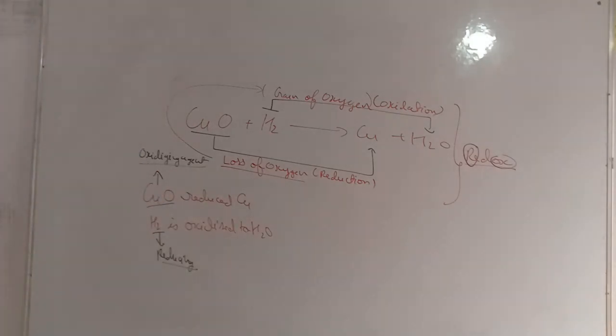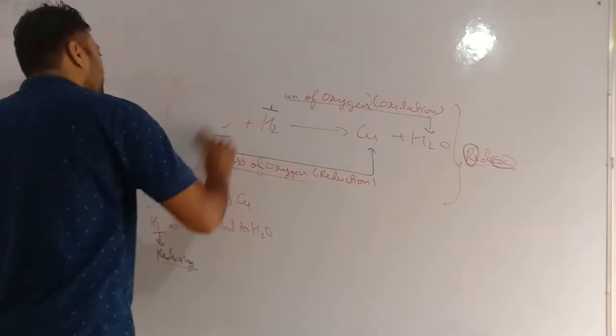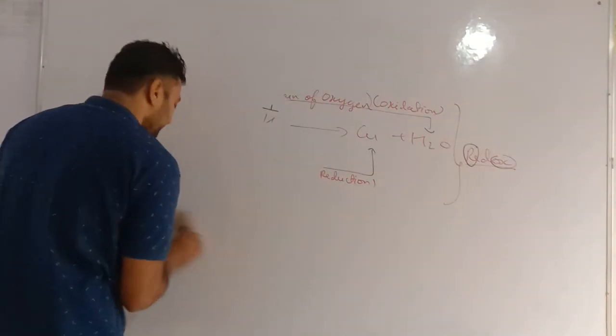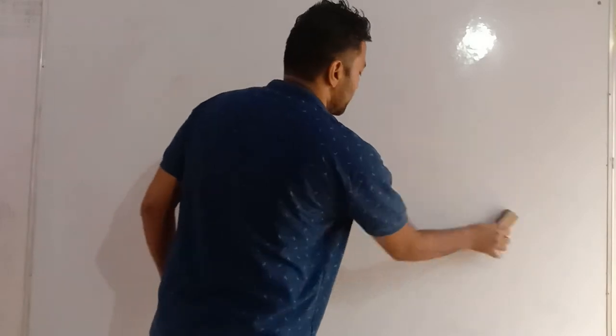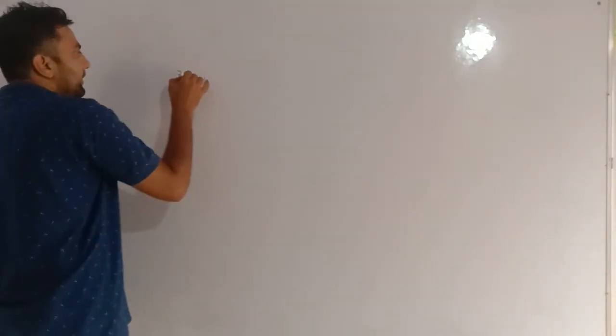See, my dear students, now we will see how oxidation's effect is there in our common life. You have seen all the types of reactions. Now we will see oxidation in everyday life.